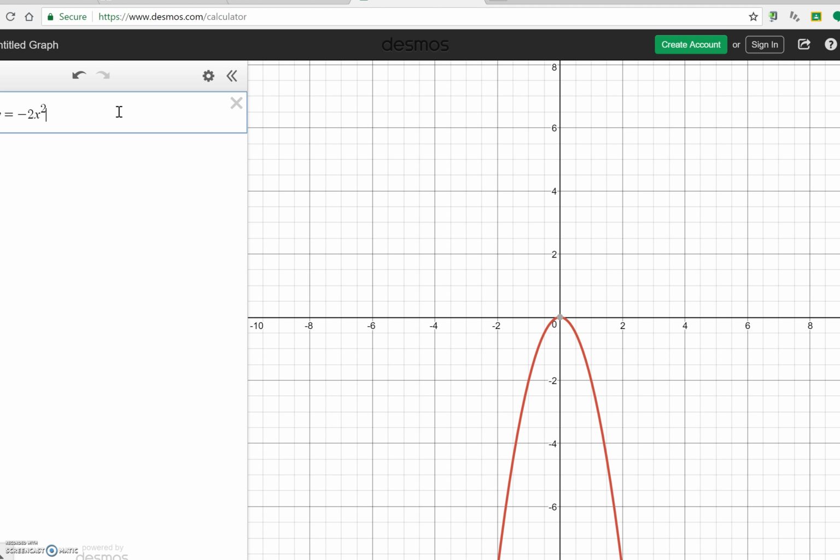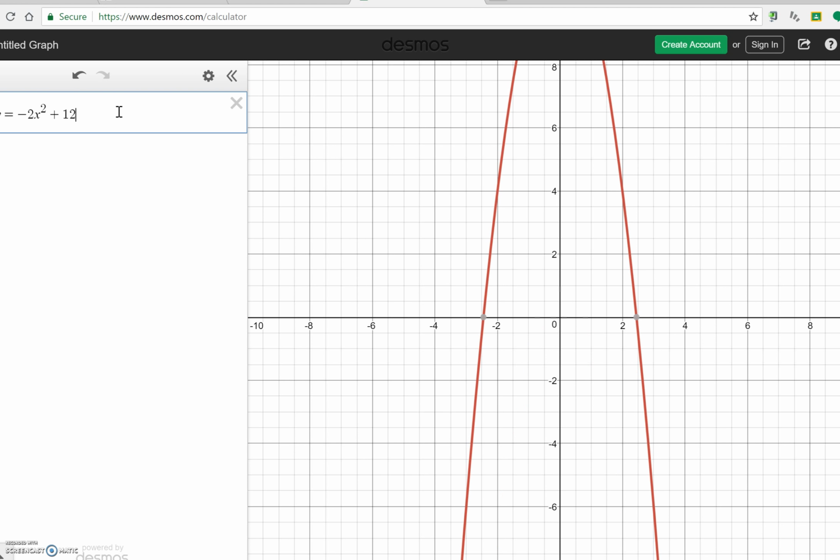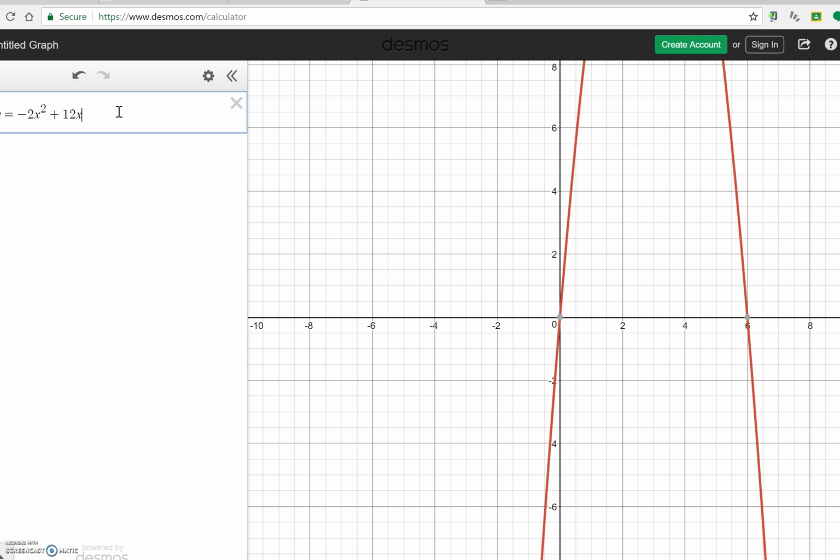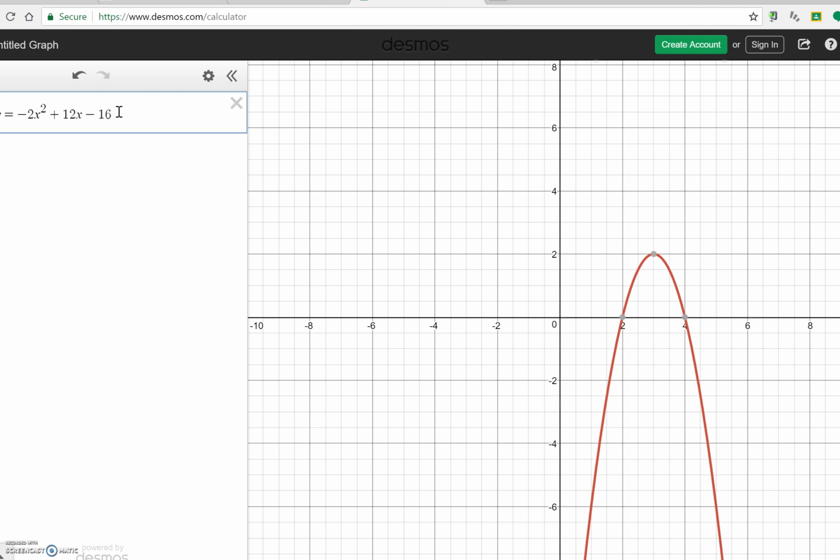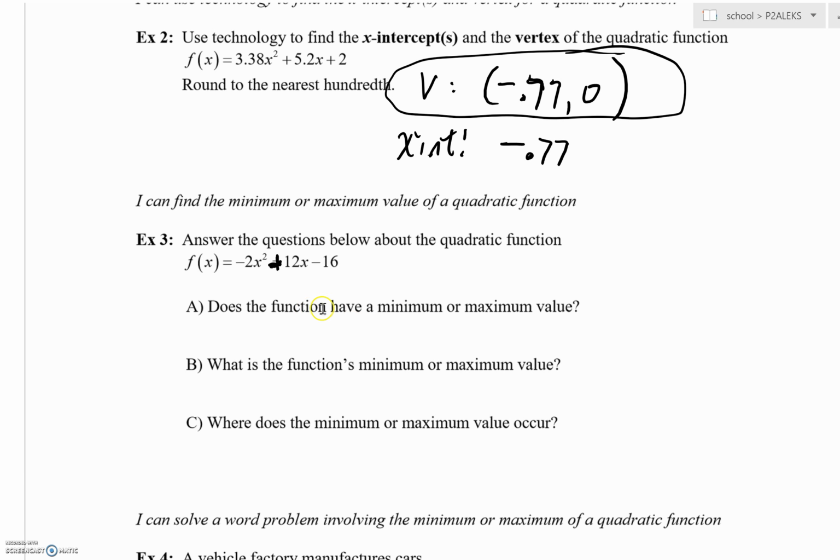Move it over, say plus 12x, then a minus 16. And they're asking us a number of different questions here. First off, and you can see we've got some gray dots, they're saying, does this function have a minimum or a maximum value?